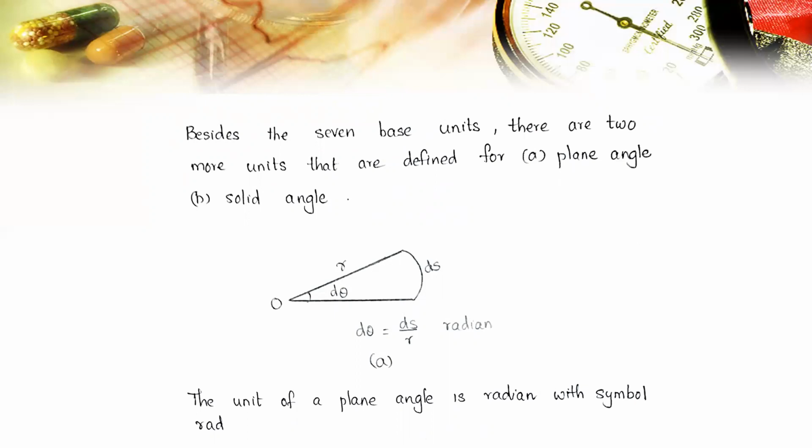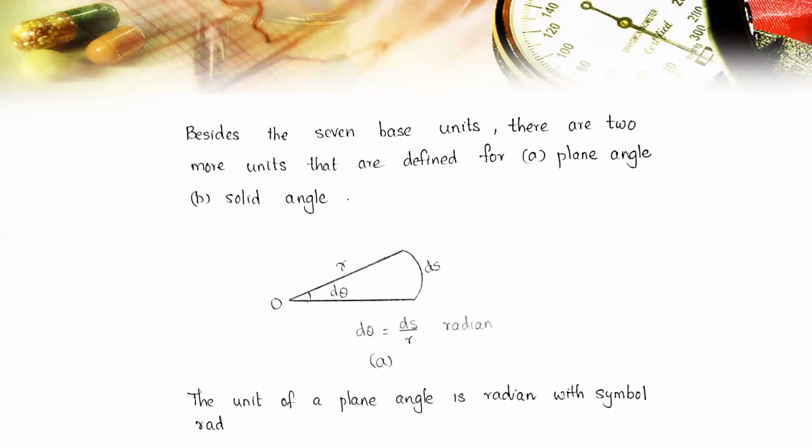It looks like d theta is the angle between two radii of a circle, and ds is the arc of the circle.